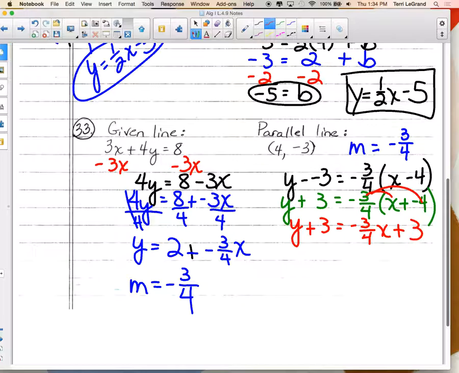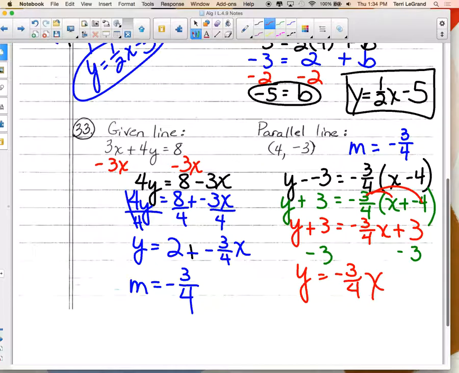And a negative times a negative is a positive. Okay, well, I think there's still one more thing to do. That would be subtract 3. I get y equals -3/4 x.